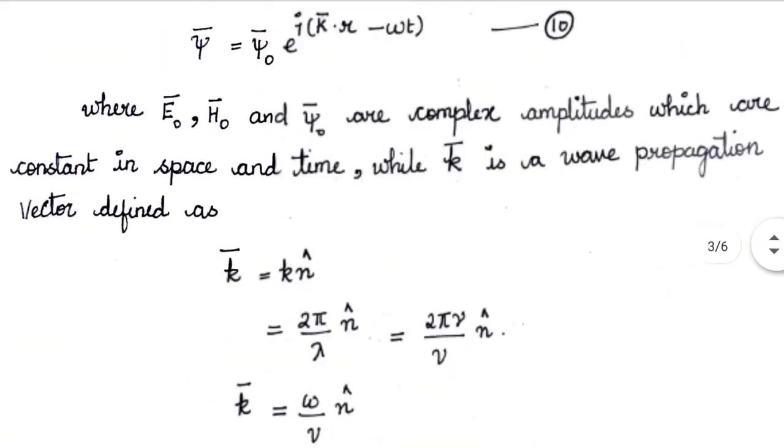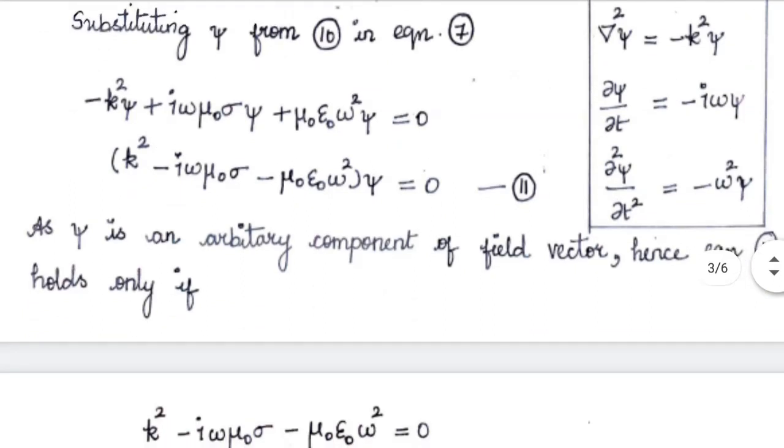So, when you substitute, you will get minus k square psi plus i omega mu naught sigma into psi plus mu naught epsilon naught omega square psi equal to 0. Psi is common, so we can take psi outside. Within the brackets we have k square minus i omega mu naught sigma minus mu naught epsilon naught omega square. We know psi is a scalar component and has some value, so it will not go to 0.